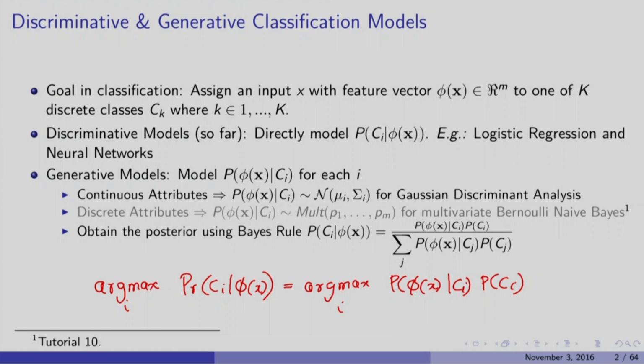So what matters on the right hand side is the probability of generating the point from that class and the probability of the class itself. Probability of class Ci is also called the class prior. So classes which have very high prior could start dominating the argmax, and that is often a problem with generative models for classification.